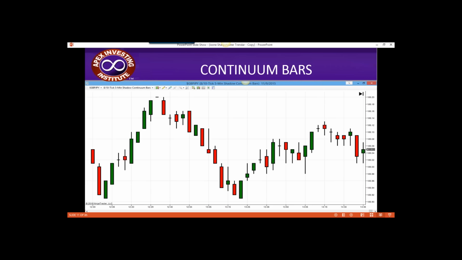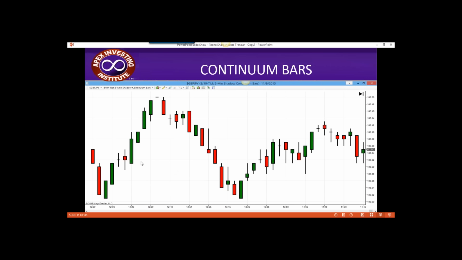Okay. So Dave's asking right now, are those 5-minute charts? Dave, what these are called, if you look right here, see this is called 8/10 tick 5-minute bars. These are what we call continuum bars. They're tick bars, not necessarily time-based bars, not a 1-minute or 5-minute or 10-minute bar.